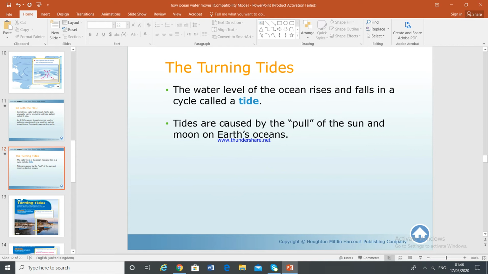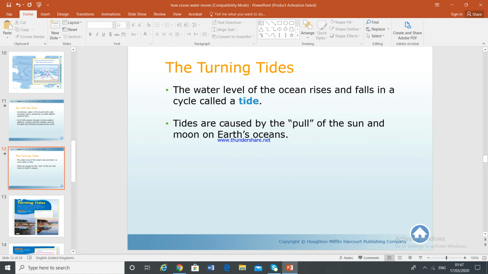No, they are caused by the pull of the sun and the moon on Earth's oceans. When I say the pull of the sun, what do you think? You must know about the gravitational force, the gravitational fields which pull on the earth, causing the ocean water to move toward them slightly in the form of bulges.